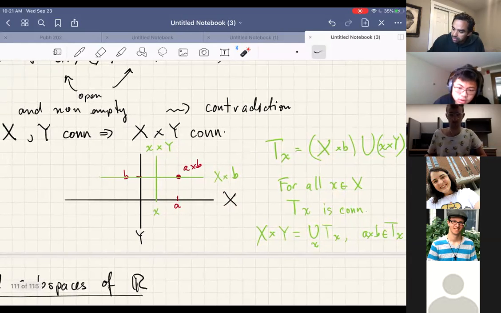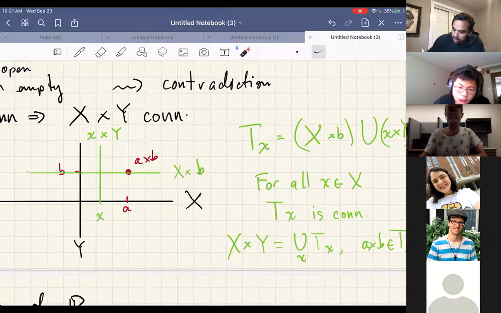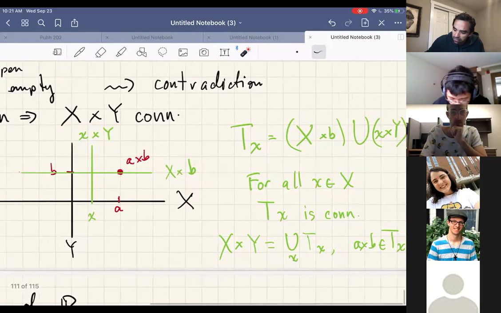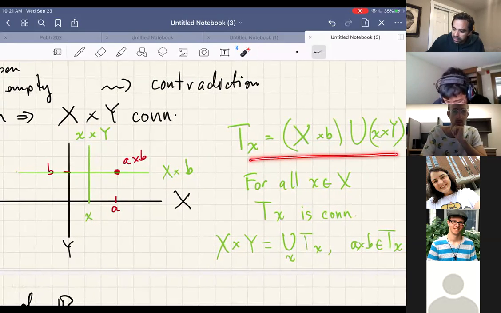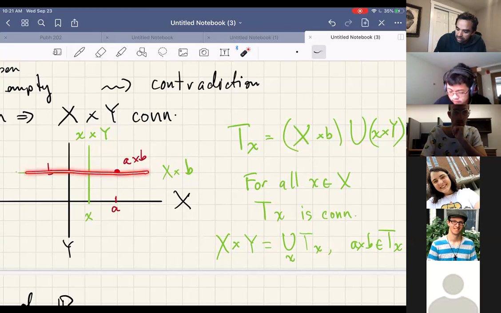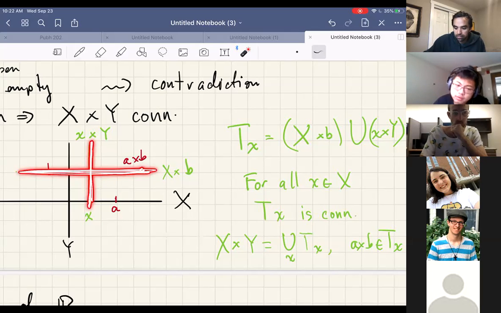Then I'm going to fix a point A in X and a point B in Y. So A cross B is a fixed point in X cross Y. And I'm going to consider the following subspaces for all little x: X cross B together with little x cross Y.